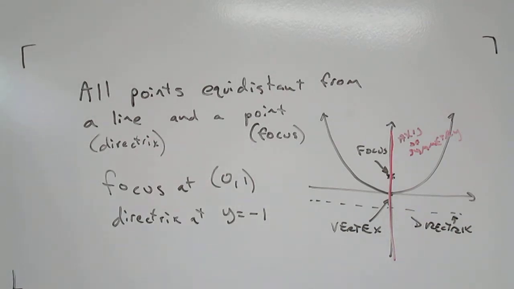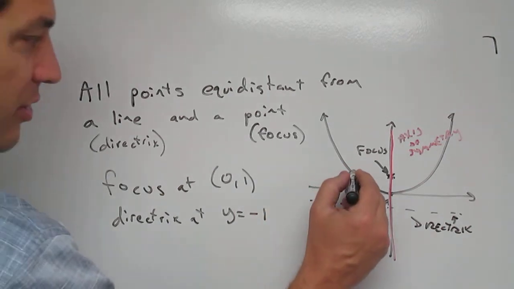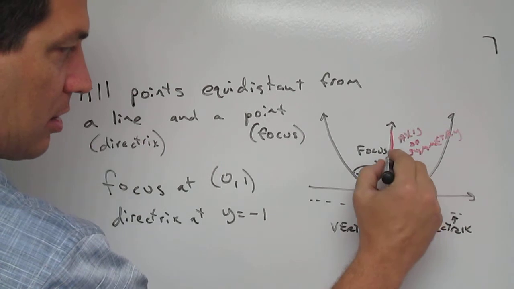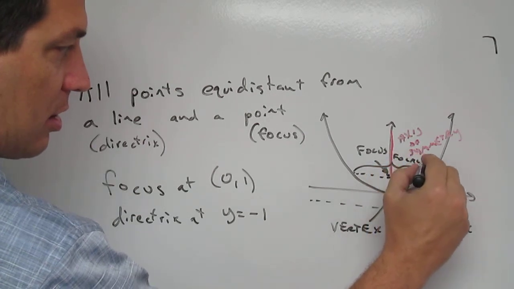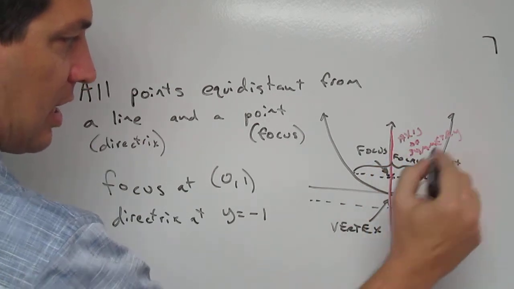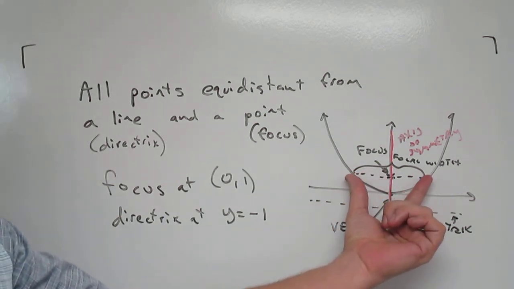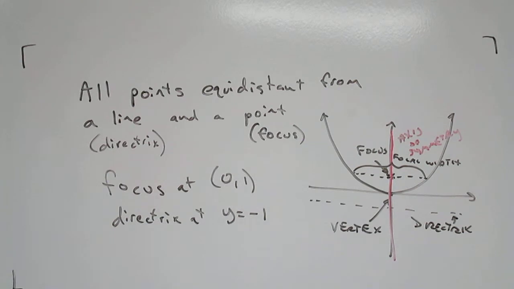Okay. Then we have something called the focal width. And that is the length of the line that goes between the two ends of the parabola that go through the focus. So you'll see that on some questions where they'll ask you what the focal width is.